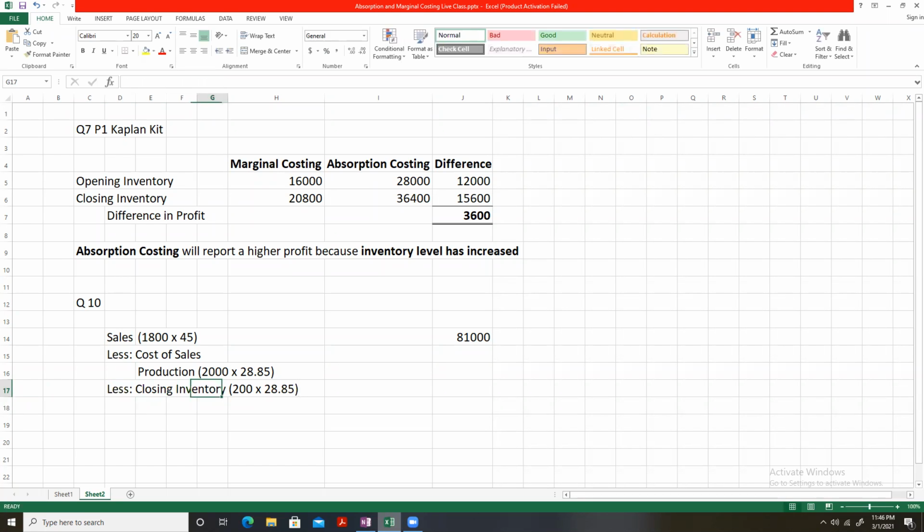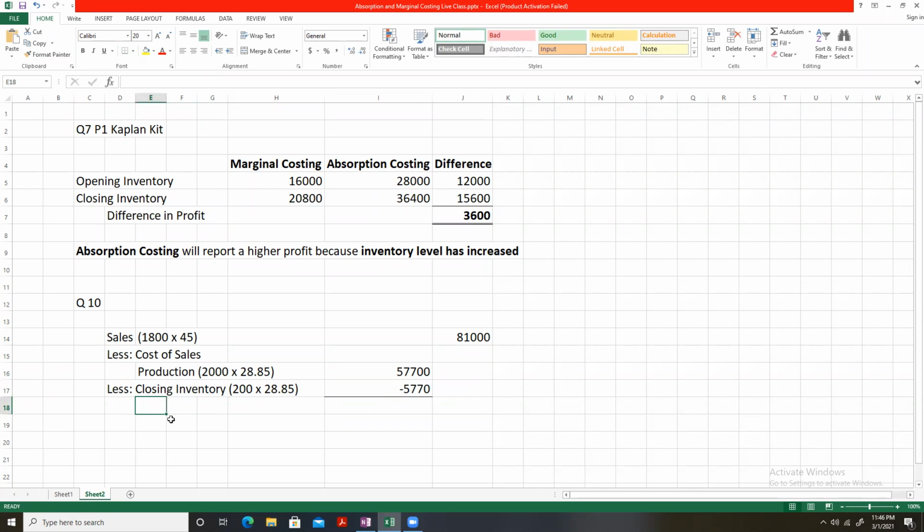So the production cost is 2000 multiplied by 28.85, and the value of closing inventory is 200 multiplied by 28.85.